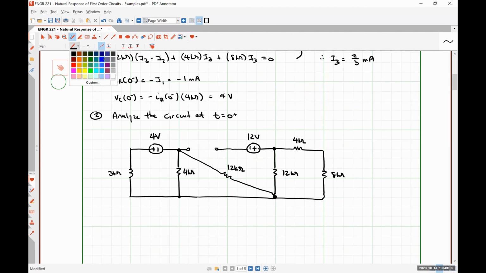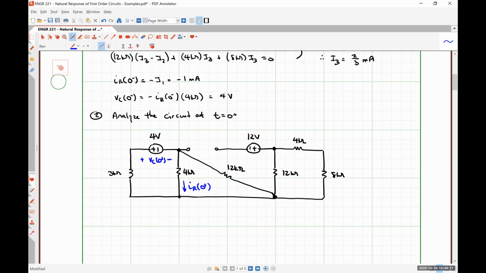So we know then that VC at 0 plus has to be this 4 volts. What we need to focus our attention on is finding our resistor current at t equal to 0 plus.